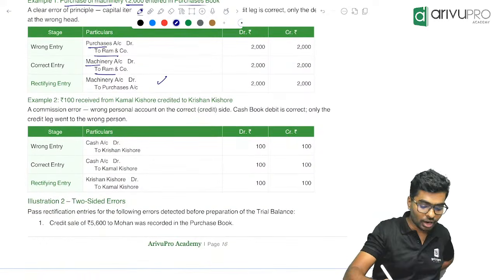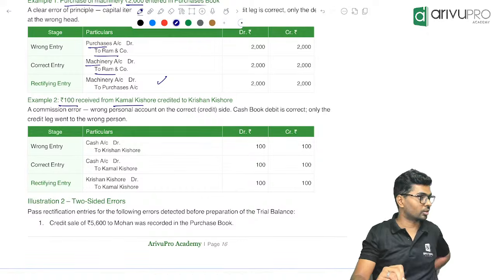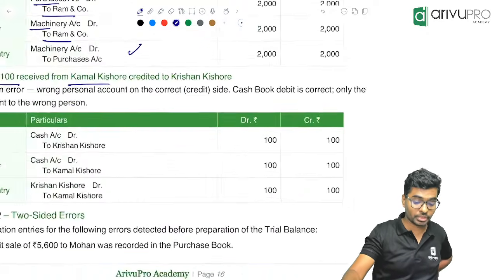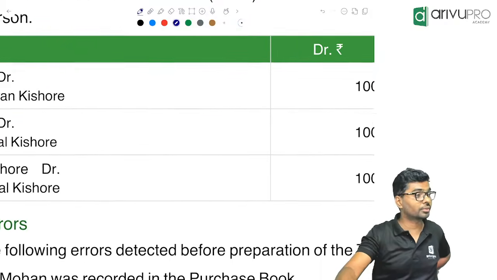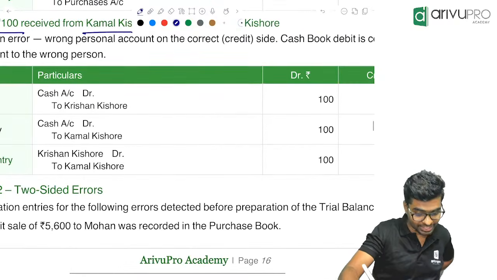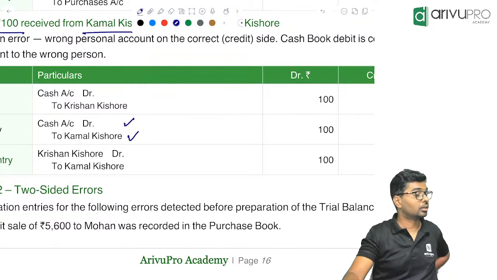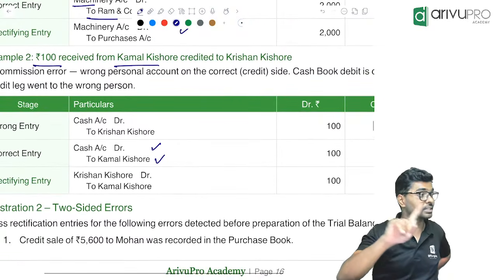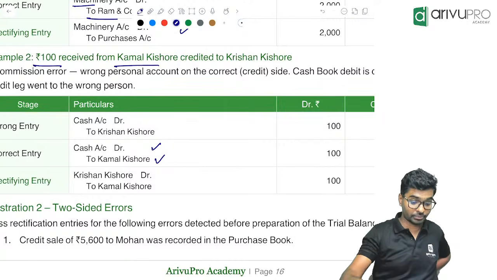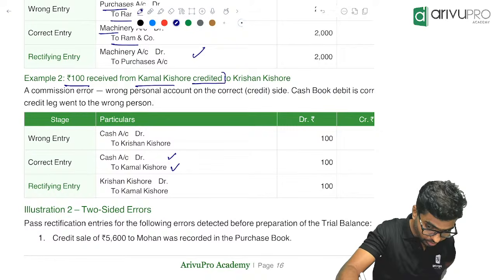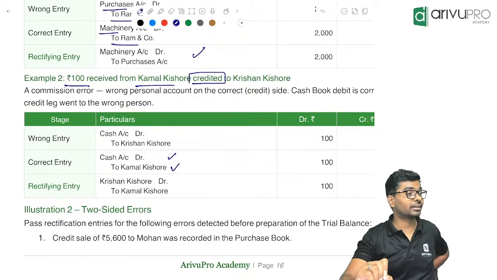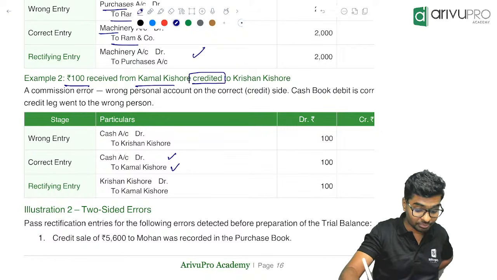Next one. 100 received from Kamal Kishore. What is the journal entry for money received from Kamal Kishore? Cash to. I especially want the science students to look at the way I am reading. 100 received from Kamal Kishore. What is the term I am using? Where will credit come?